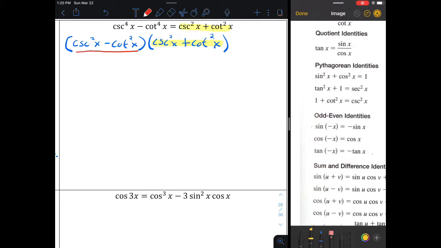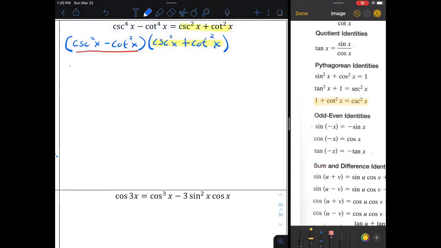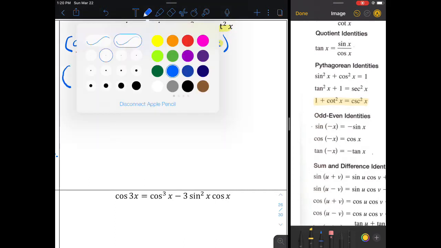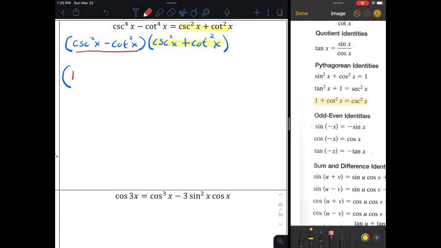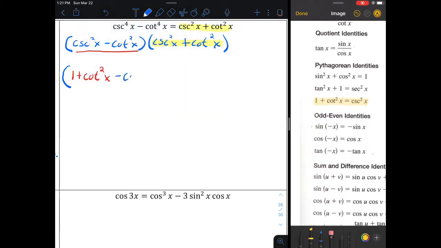And what I'm going to look at is 1 plus cotangent squared is equal to cosecant squared. So I'm going to replace the cosecant squared with 1 plus cotangent squared.